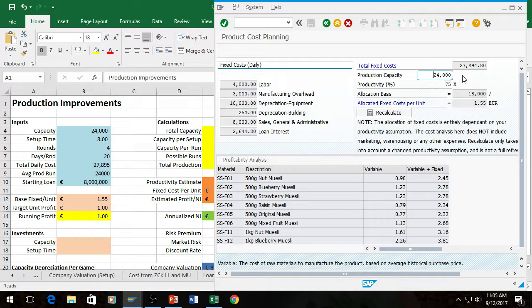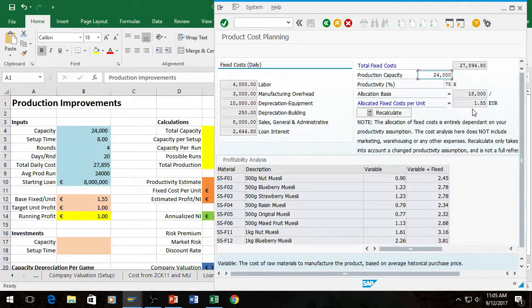It's a 24-hour production line, 1,000 units per hour. You have an estimated productivity about 75%, and if you continually run at 75%, that's about 18,000 a day on average you'd be producing.